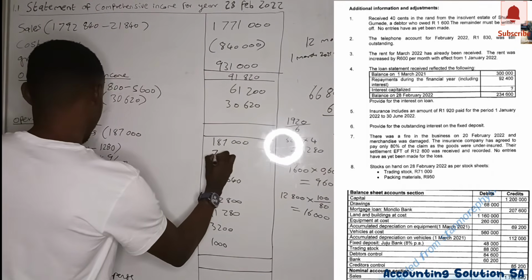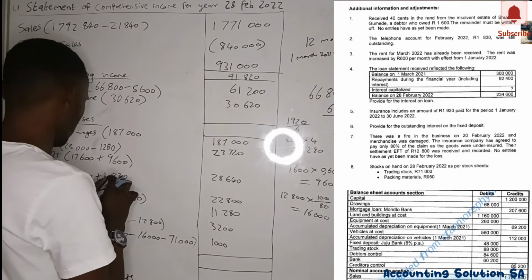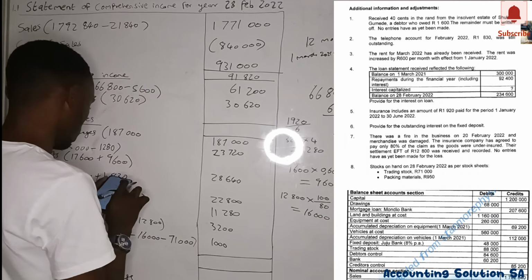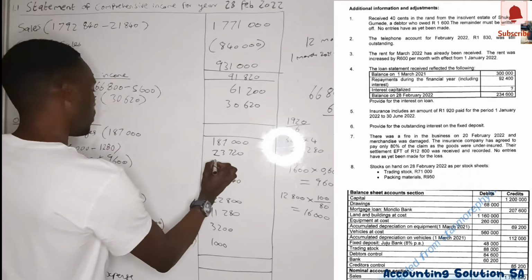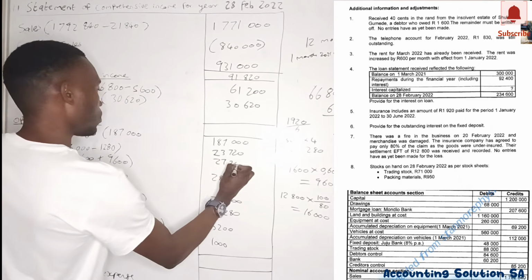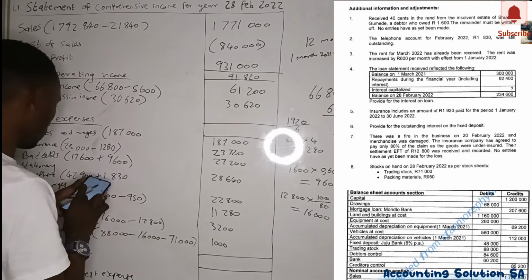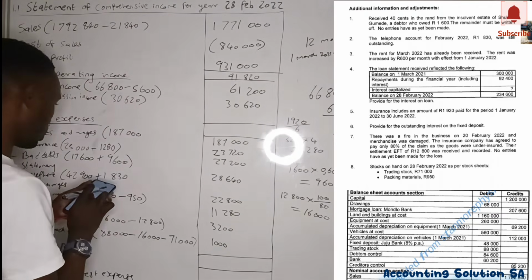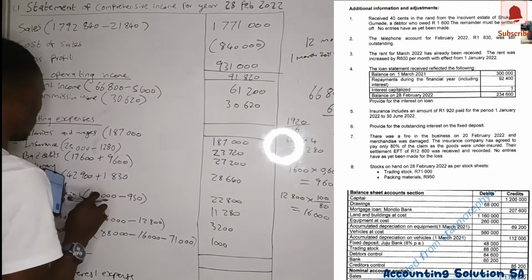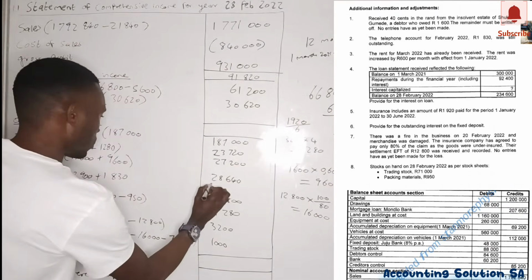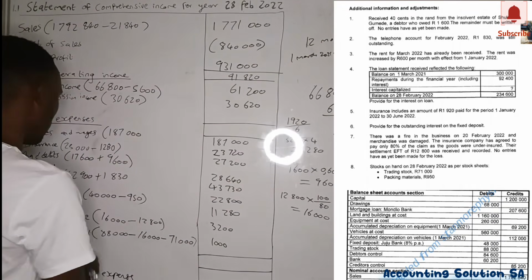It gives us 23,720. The other one is 17,600 plus 9,600. It's going to give us 27,200. Another one we have 42,900 plus 880. This one is for telephone, that is going to give us 43,730.